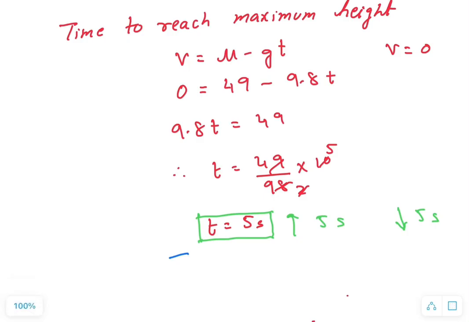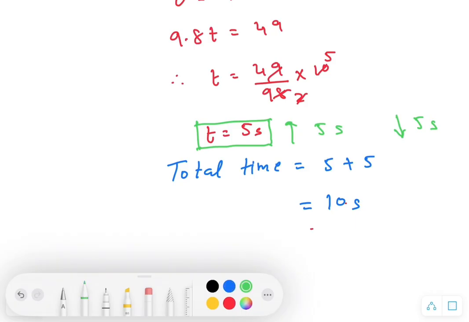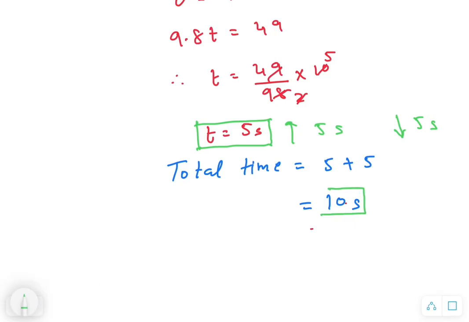Total time is time to go up plus time to go down, 5 multiplied by 2 or 5 plus 5, that is 10 seconds. So this is the final answer.